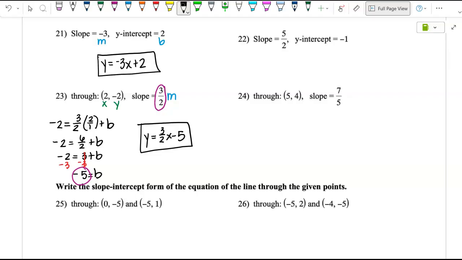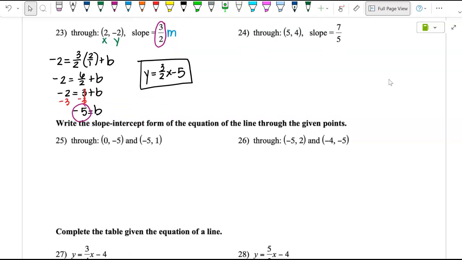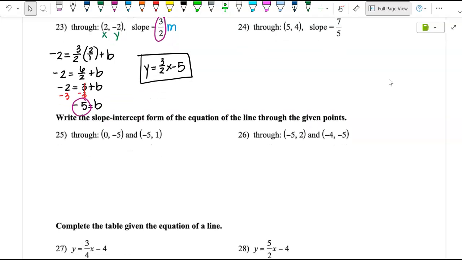Now, 25 is going to step it up one more layer because they don't even give me the slope in number 25. So now I have to find the slope and the y-intercept. So I have my x1, y1, x2, y2.